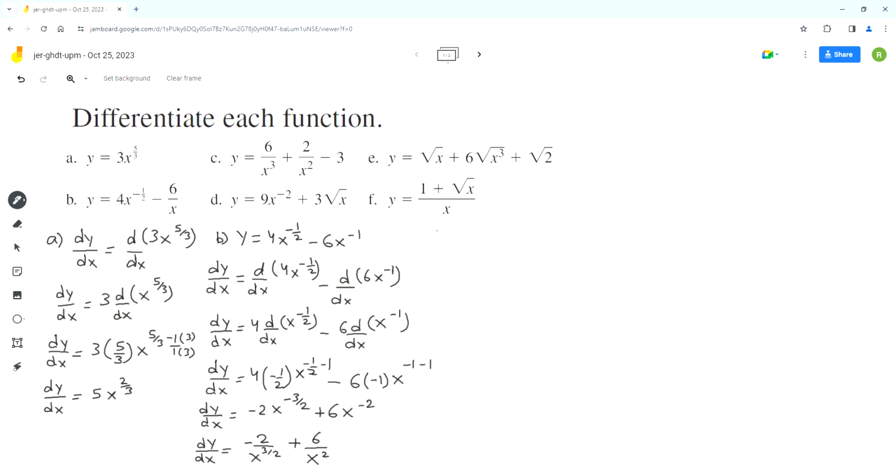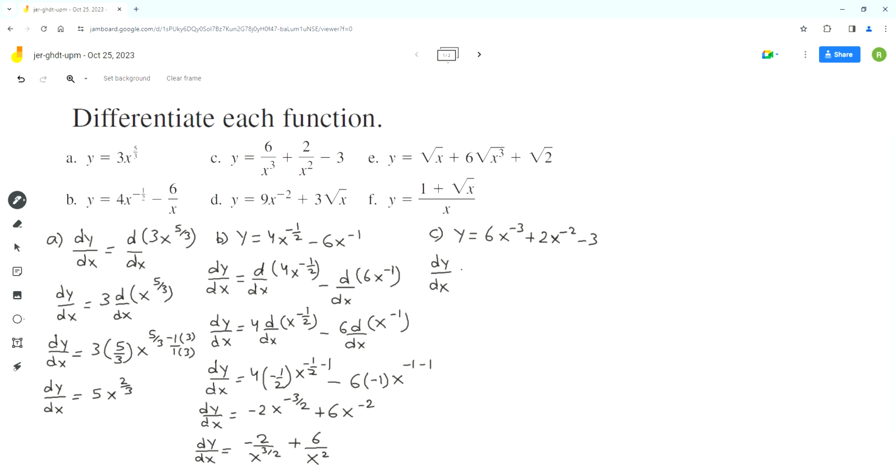Now we can analyze part C. First we can move the x cube and the x squared terms to the numerator. So we get y equals 6 times x to the power negative 3 plus 2 times x to the power negative 2 minus 3. Now we can use the Leibniz notation.